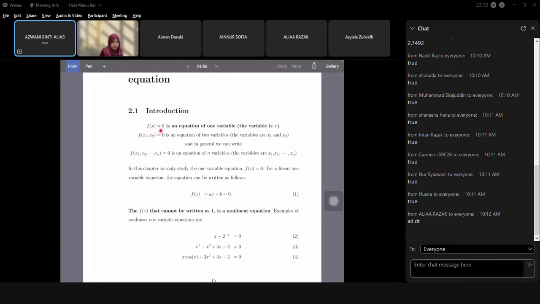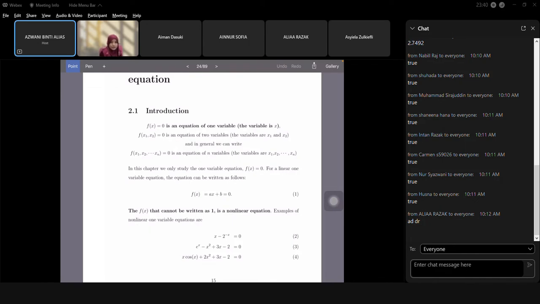Okay, so for the introduction, f(x) is equal to 0. Okay, this is a function. f(x) equal to 0 is an equation of one variable. We know x is the independent variable, f is dependent and x is independent. So it involves only one independent variable, we call it an equation of one variable. The variable is x.